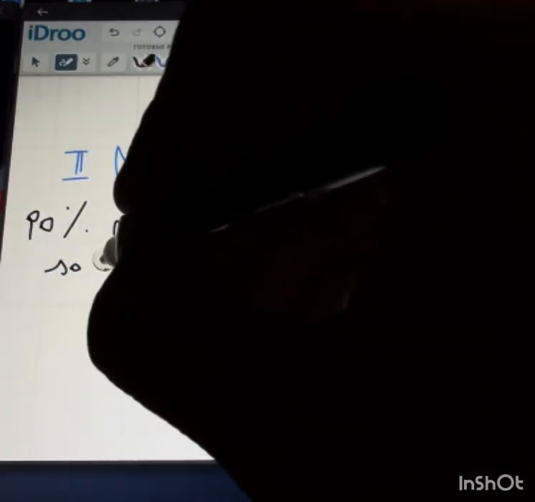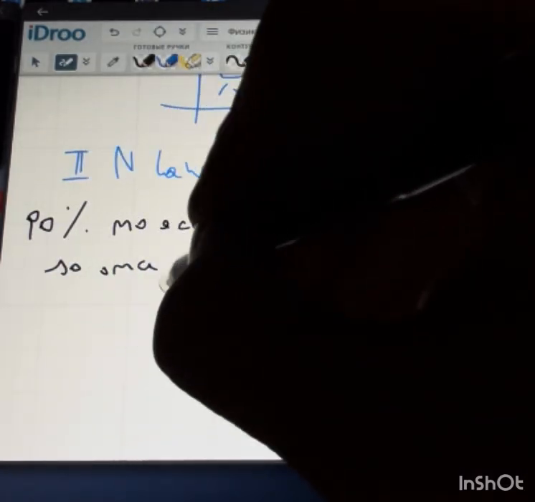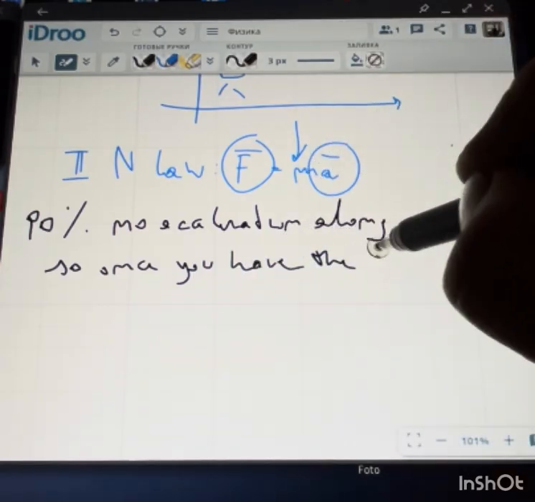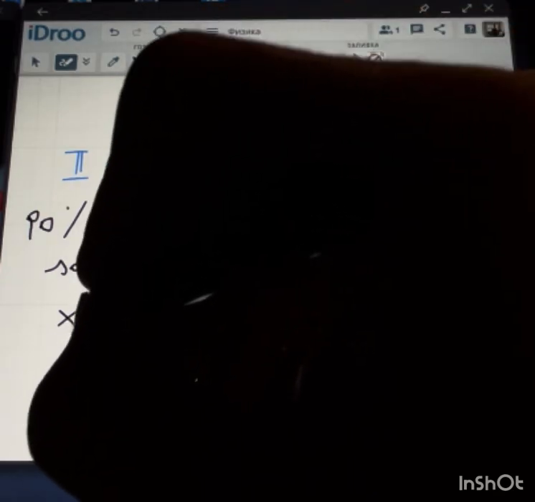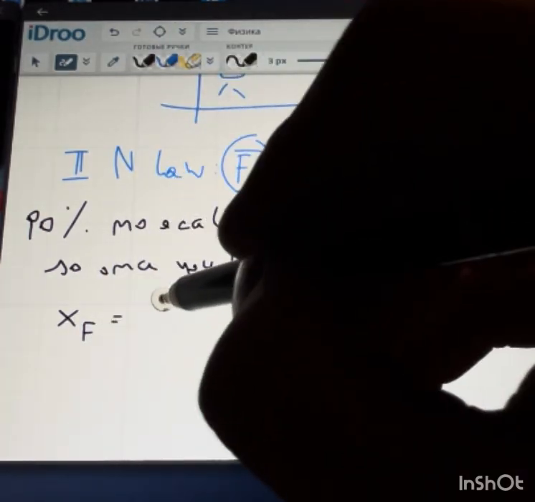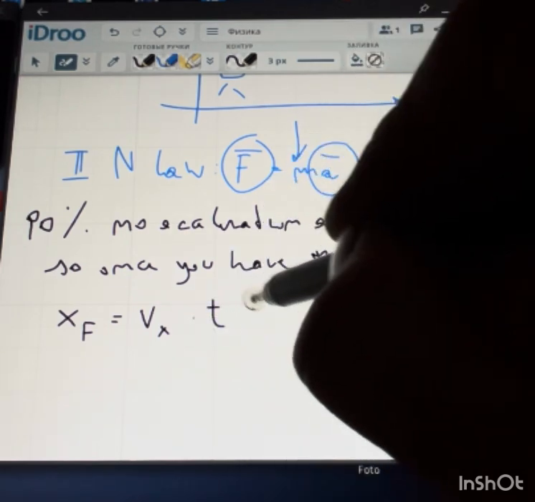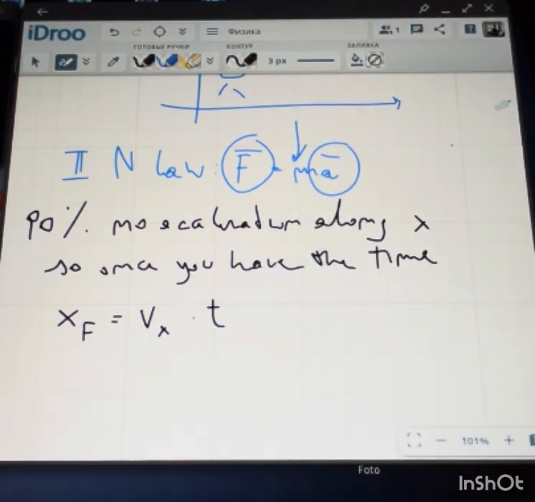Once you have the time, the total distance, let's call it x final, is equal to what? To the velocity times t. Just v times t. Exactly. Okay. I think I understand.